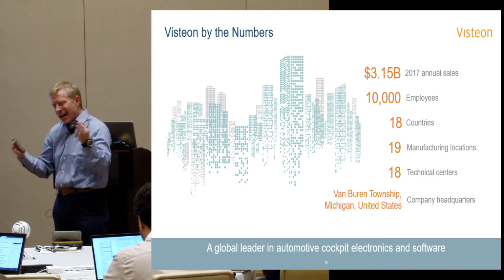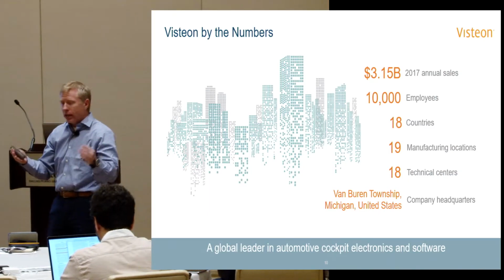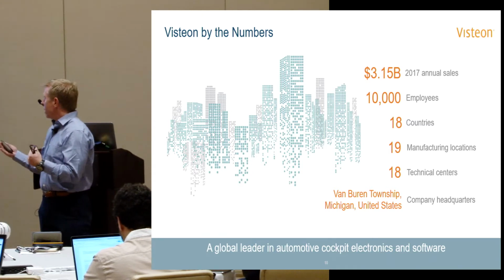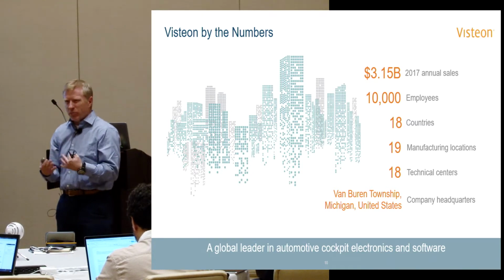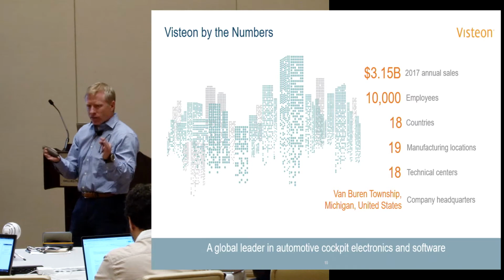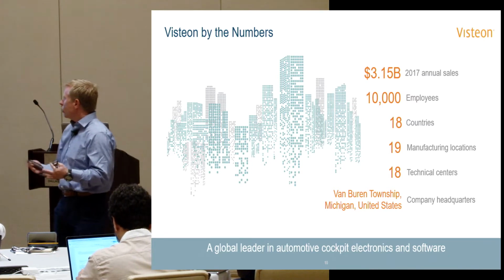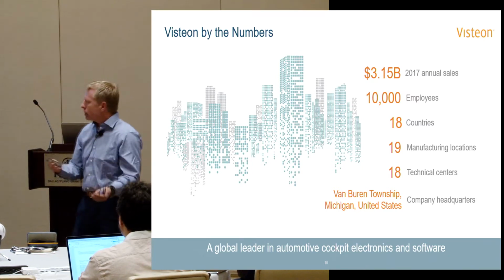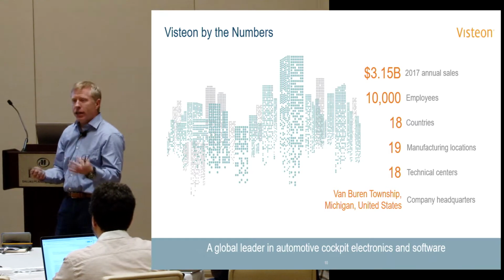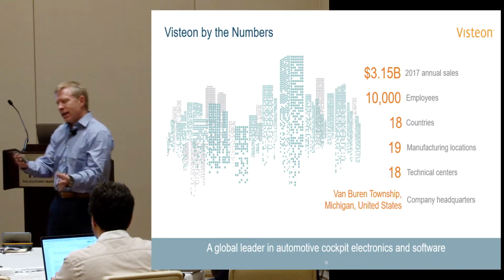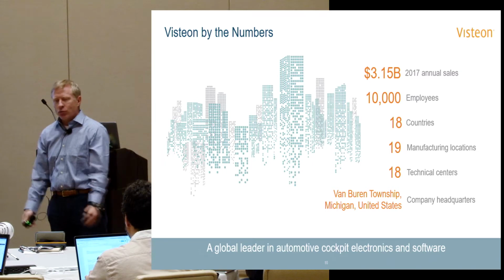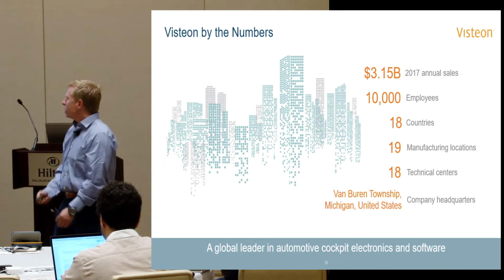Okay, so size, just to give you an idea of the world I live in. We're not a small company, roughly north of $3 billion in sales annually, roughly 10,000 employees spread over 18 countries. We're headquartered in Van Buren Township, Michigan, which is where I work. That's an area 10 miles west of Detroit by freeway.